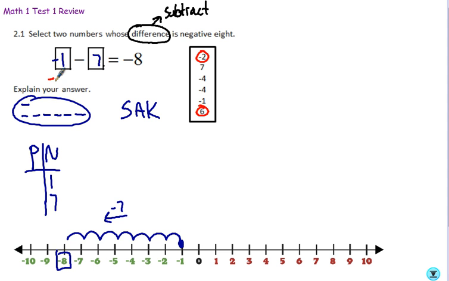So if I did a -2 minus 6, that would actually also give me a -8, right? Because had I started at -2, and then I went 6 steps to the left, 1, 2, 3, 4, 5, 6, I also would find myself at -8.